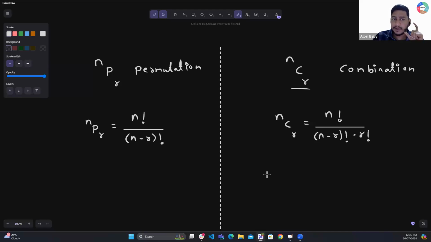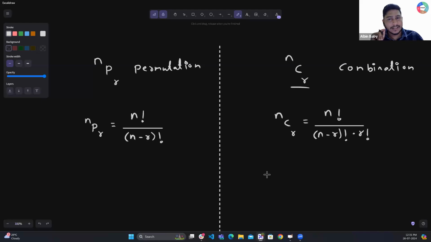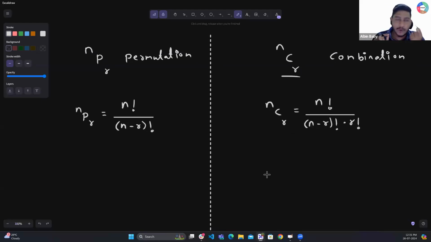Just remember these formulas. This is basic maths, like it has already been taught to you in school. If you don't remember, try to recall it. It won't be required for every question, but there might be questions where you'll need it, so it's better to know about it, right? In class 11, 12th, you have been taught. In 10th also, I think some of the boards teach it.